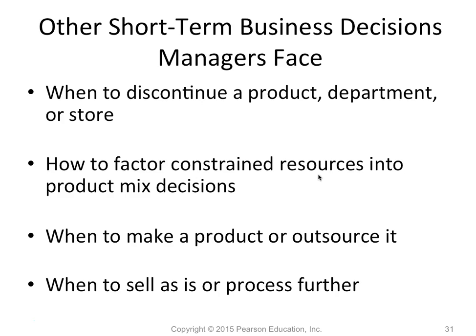When do we sell as is or process further? A retail store, for example, always sells as is, but not always. If you go to Safeway and to the flower shop, you can buy flowers, but mostly they have been processed in some way, maybe in a bouquet. But there are other things that are just sold as is.